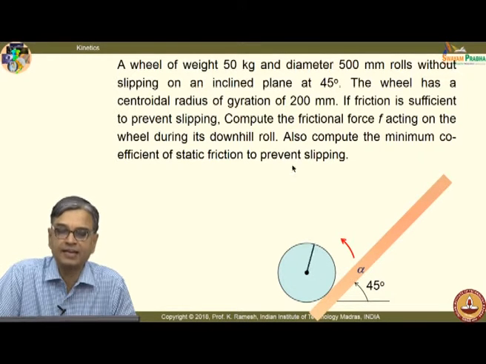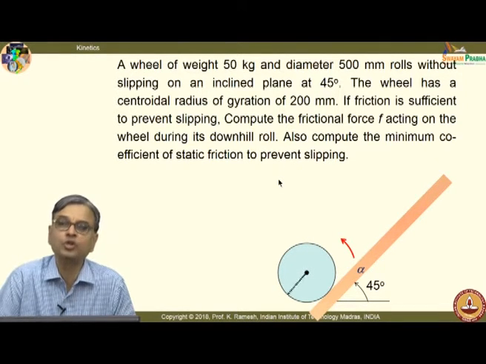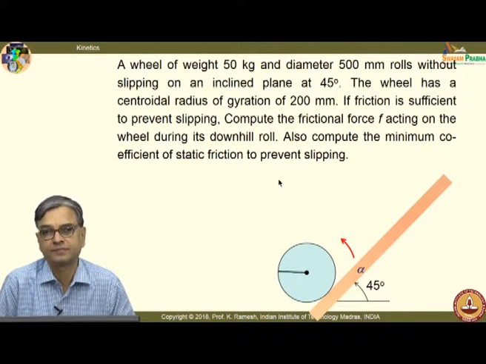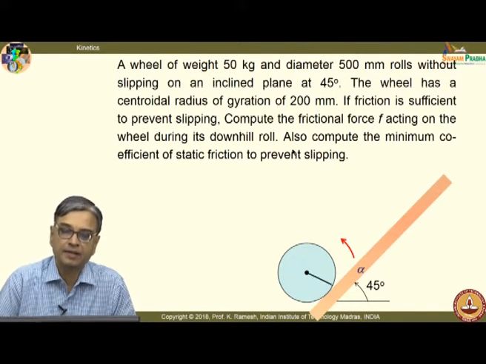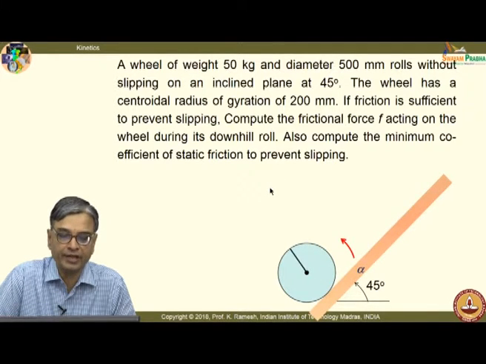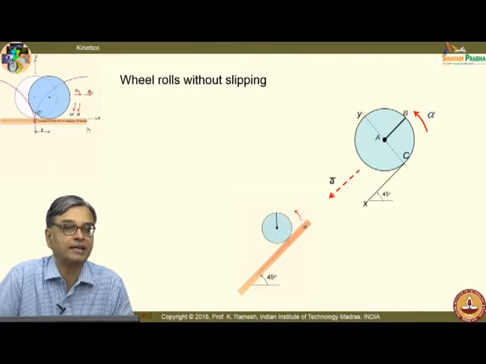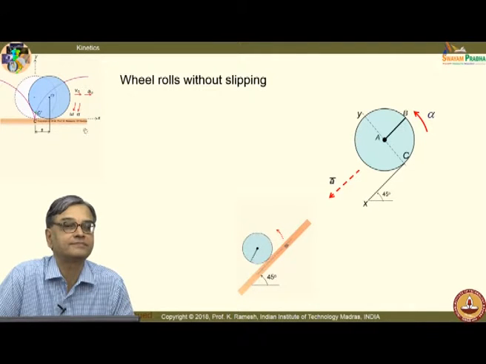And this is a fairly straightforward problem, and rolling is general plane motion, fine. The moment you look at rolling, you are expected to remember the kinematical conditions that you have learnt earlier.